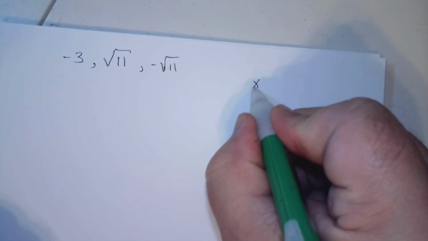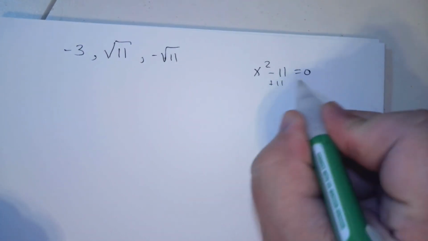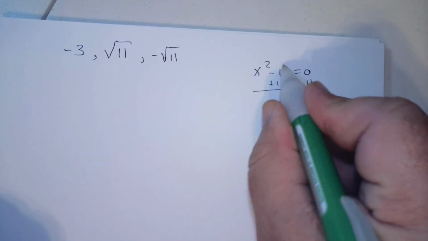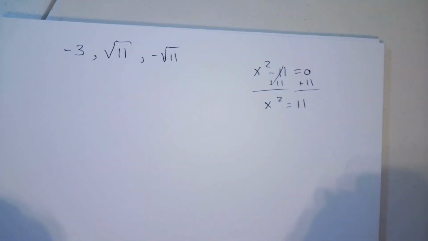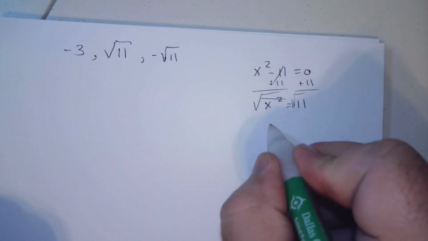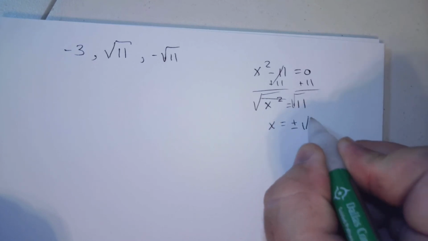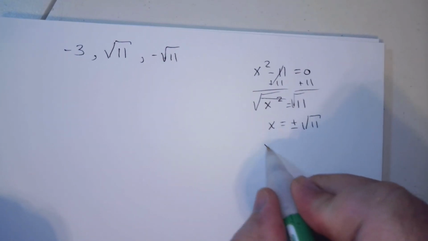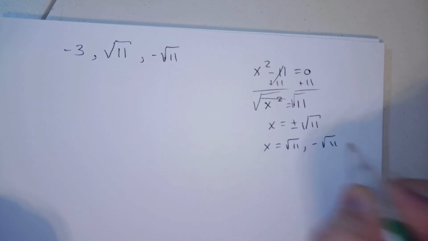So x squared minus 11 equals 0. Add 11 to both sides. X squared equals 11. Square root both sides. X equals plus or minus the square root of 11, which means there's one positive and one negative.